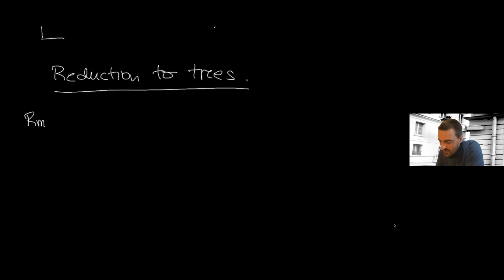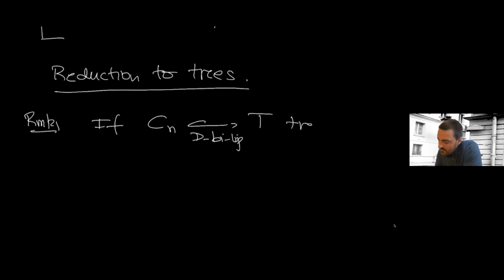So of course, this is too naive, and it breaks down at a fairly early stage, because if you want to embed Cn, the n-cycle, bi-Lipschitz into a tree, take any tree T, any embedding of the nth cycle into any tree will incur some distortion that is at least big omega of n, at least a constant fraction of n.